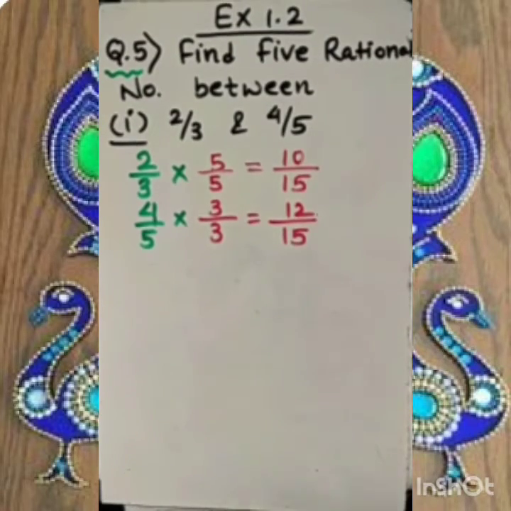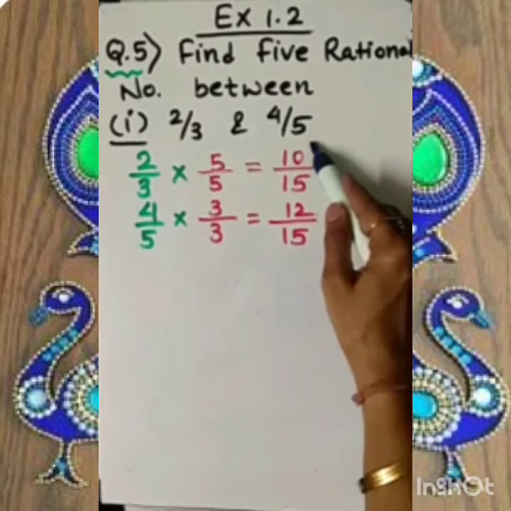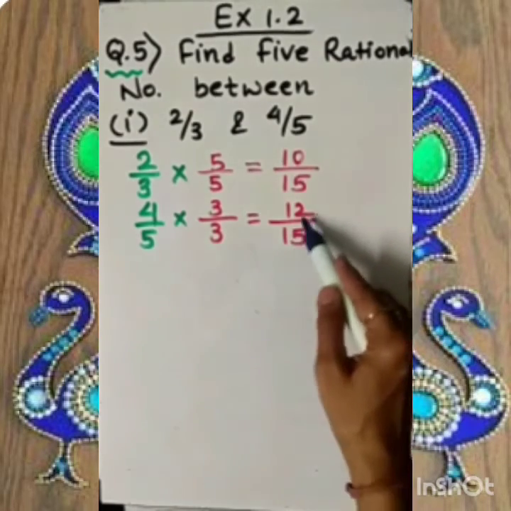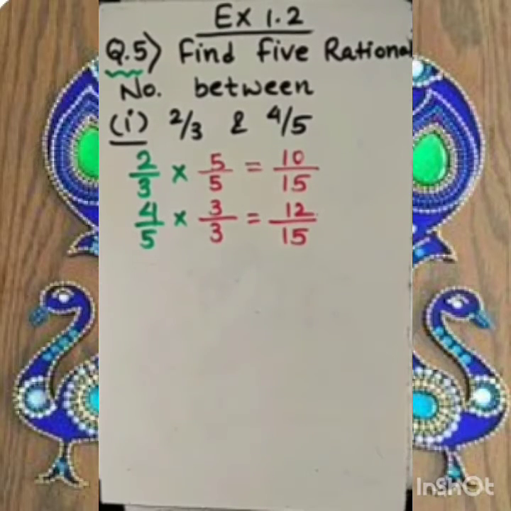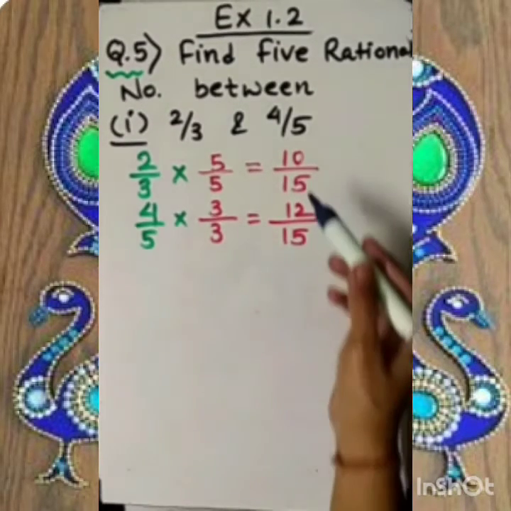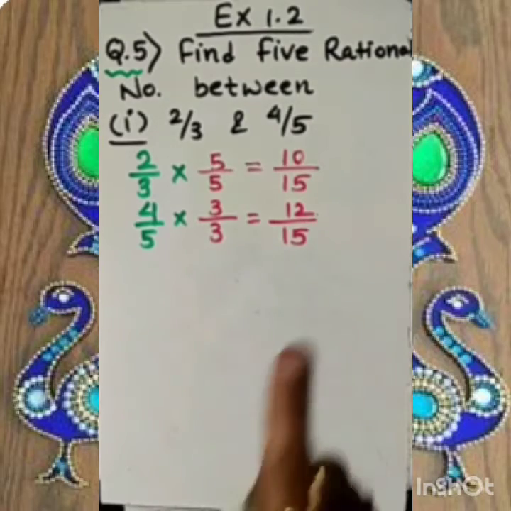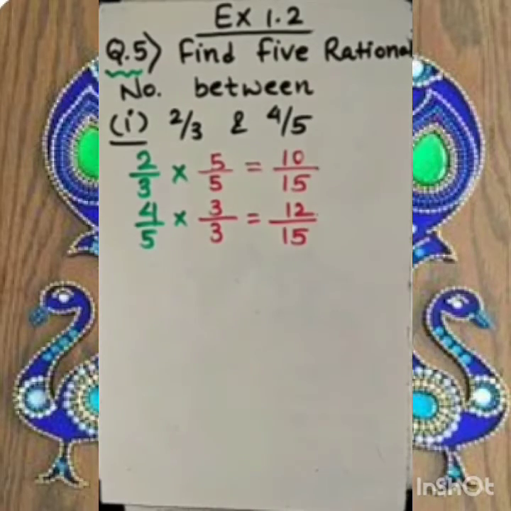Now as I told you, we do not have to include these two numbers because these two numbers are the boundary. We have to write between. So between 10 and 12 there is only one number which you can mention, that is 11 by 15.